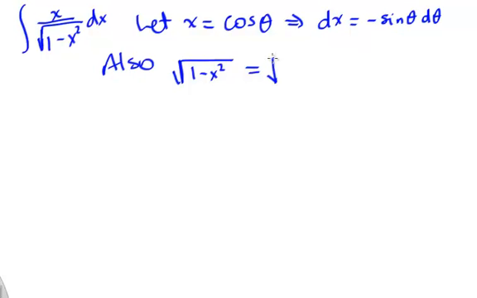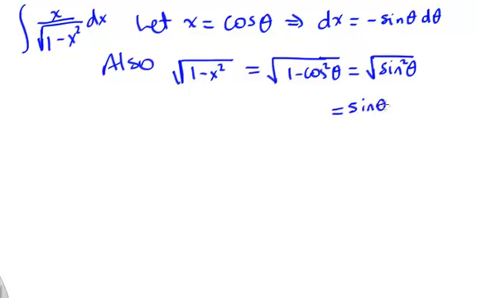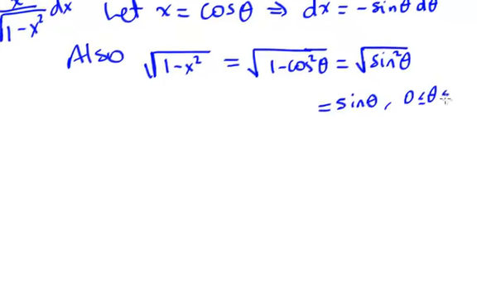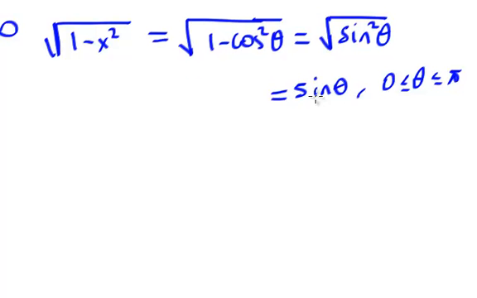Well, that is 1 minus cosine squared theta, because x is cosine theta. Well, this is the square root of sine squared theta, which is equal to sine theta for the appropriate values of theta, when theta is in the first and second quadrant. If theta is between 0 and pi, this square root of sine squared theta is really sine of theta.